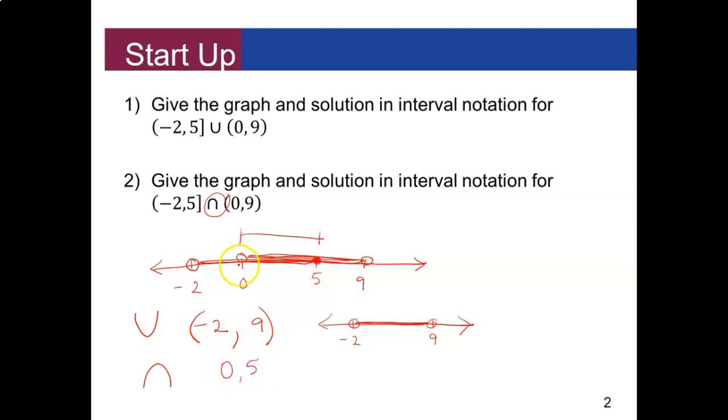This one is not included in both because of the open circle, so it's going to get a parenthesis. This one is actually included in both, so it's going to get a bracket. So when I write my answer, I'm going to have from 0 to 5, closed circle here, open circle here, and shade in between.